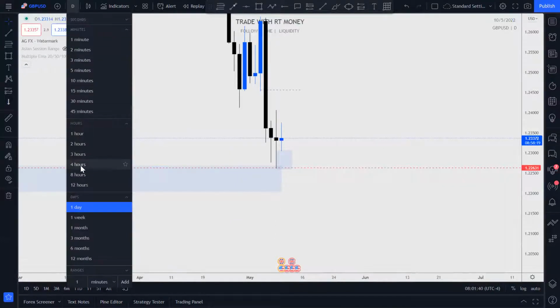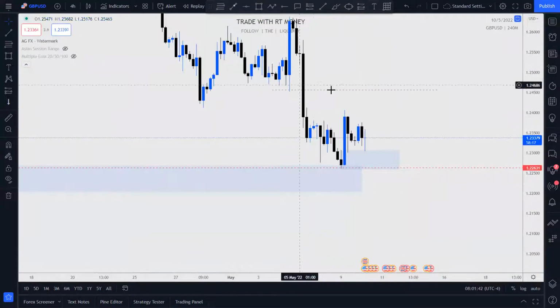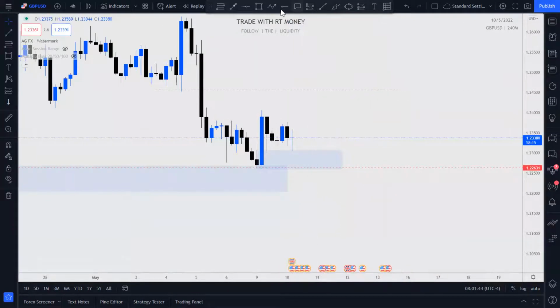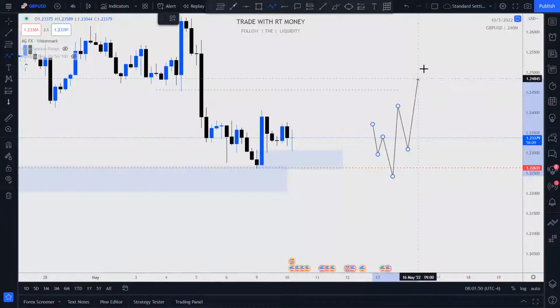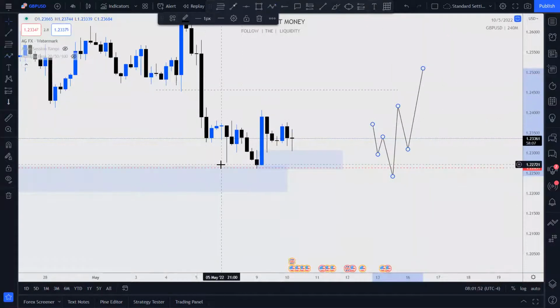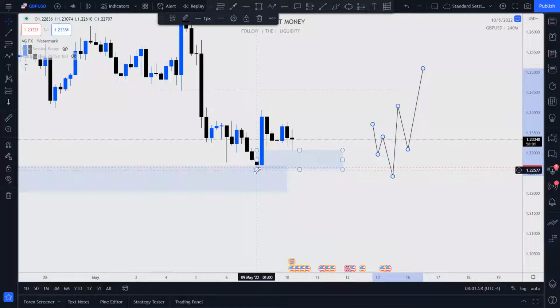If we go to the 4 hour, we can see it's starting to form that same pattern that I always look for. You can see a low made, a pullback, a lower low, and that's this part.